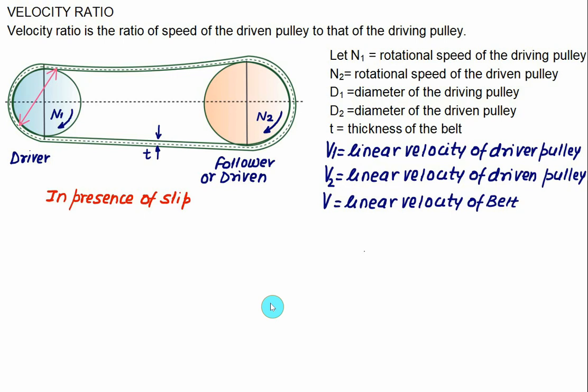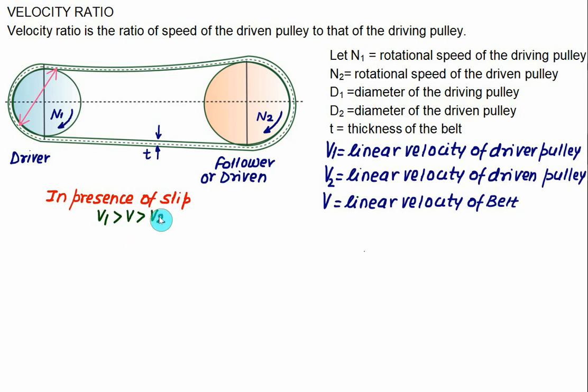So in a belt, if we consider the slip, in that case the velocity V1, which is the linear velocity of the driver pulley, V2 represents the linear velocity of the driven pulley, and V represents here the linear velocity of belt. In that case, linear velocity of the driver pulley V1 is greater than the belt velocity V, which is greater than the linear velocity of the driven pulley.